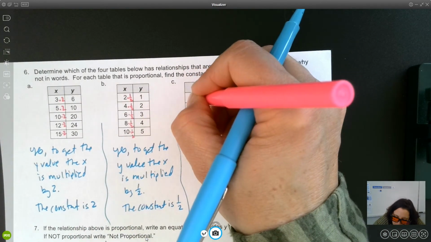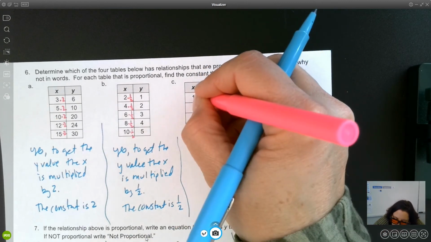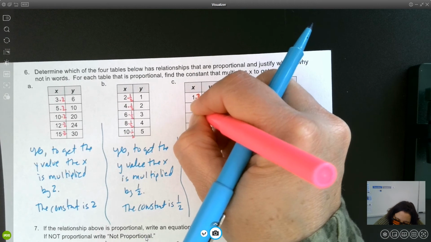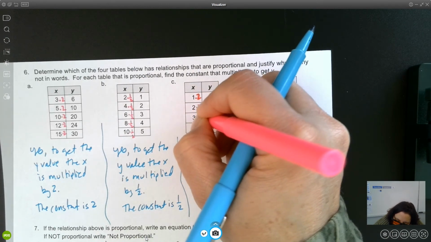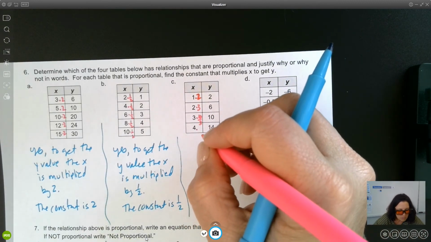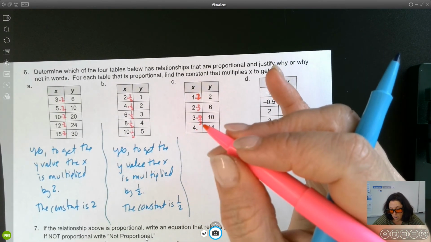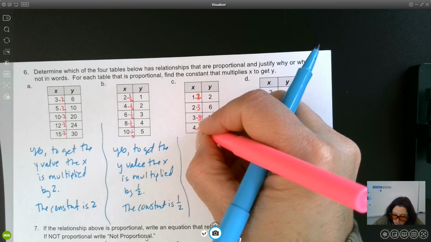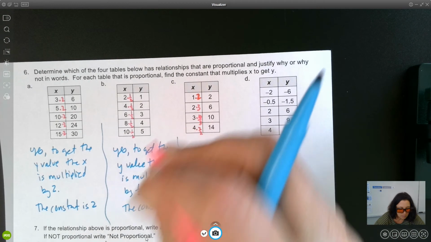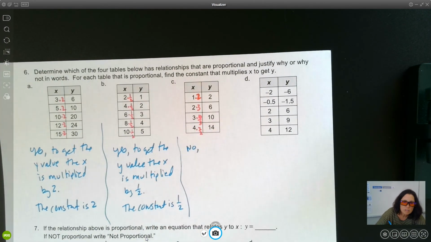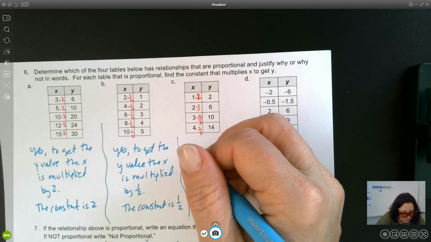All right, this one. Whoops, times 2. My brain was already thinking about the next row. Times 3, times 10/3, times, we already know it's no. Okay, times 14/4 or 7/2. No, this is not proportional because the pink number is different in every row.